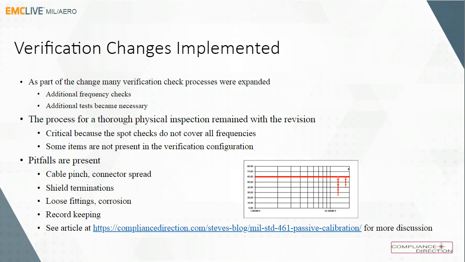That article that I referred to there at that website, that link, I wrote that. It is published through Interference Technology, but my website puts a link onto it. It talks about some of the pitfalls and taking care of record keeping, for a better discussion on some of the elements associated with what we're doing here.